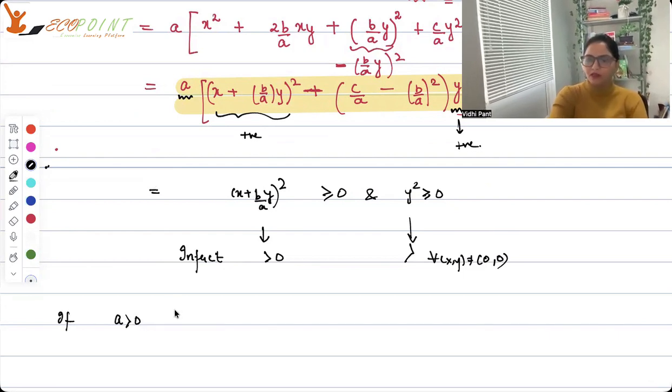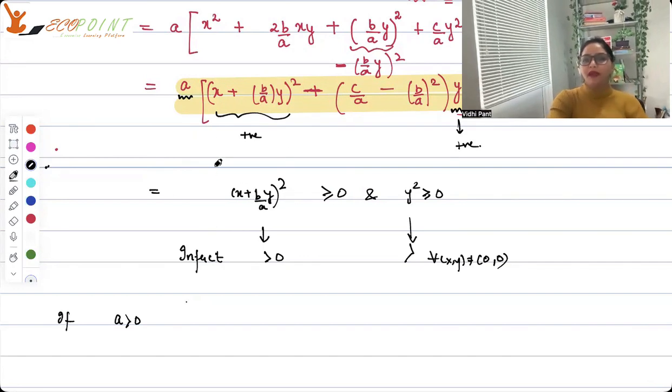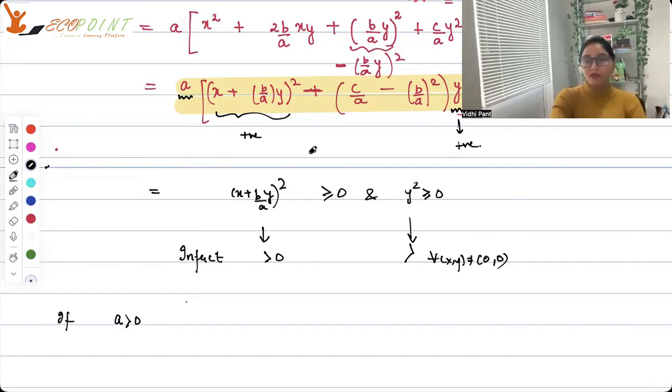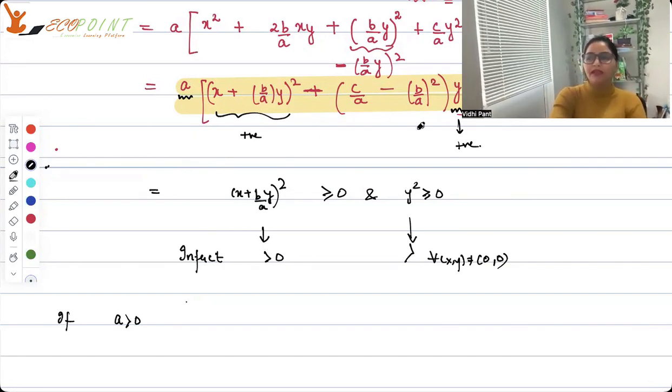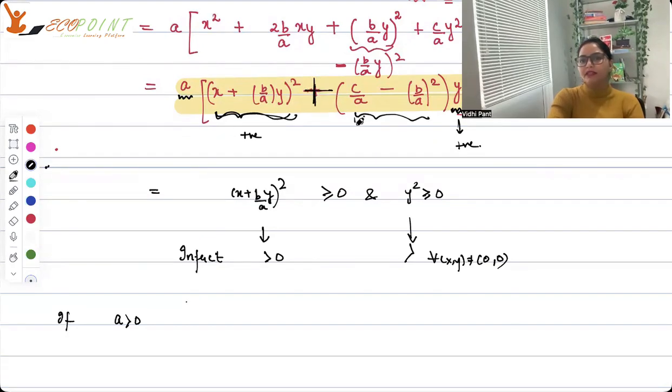So if a is strictly greater than 0, and then what you are multiplying with it is also positive. Now, how can that be positive? This is positive, this y square is positive, and here you have a plus sign. So in case this expression is positive, then this entire thing becomes positive.